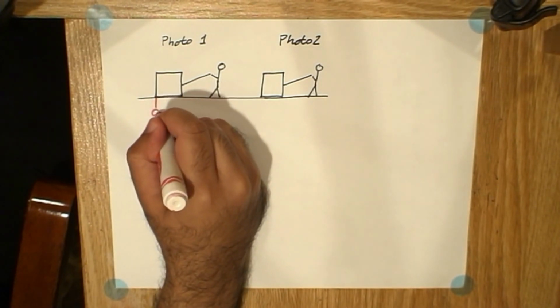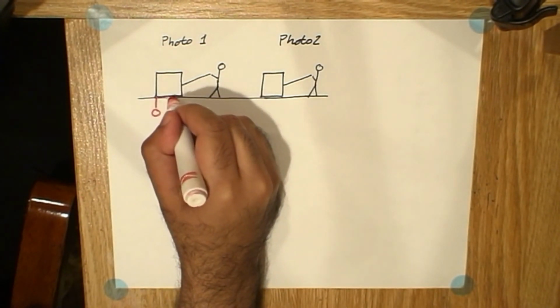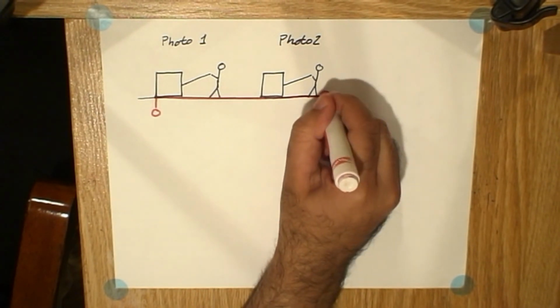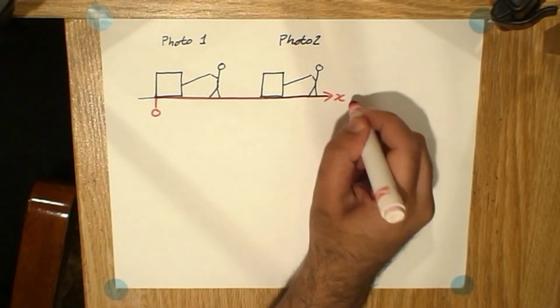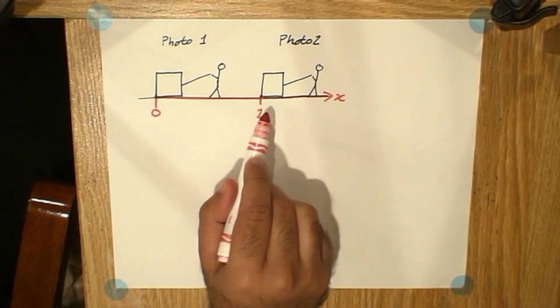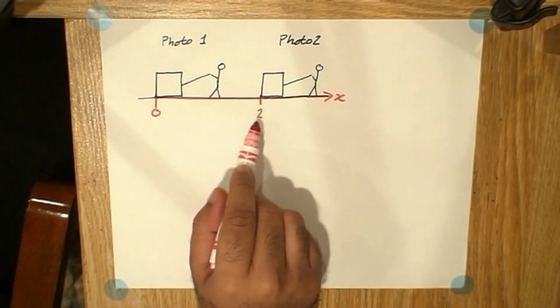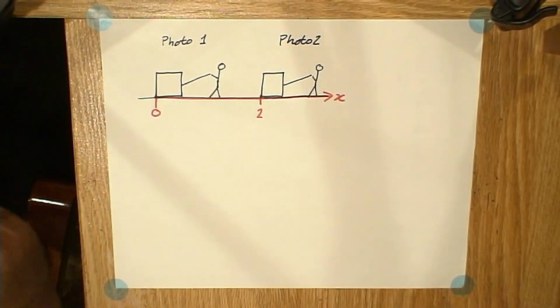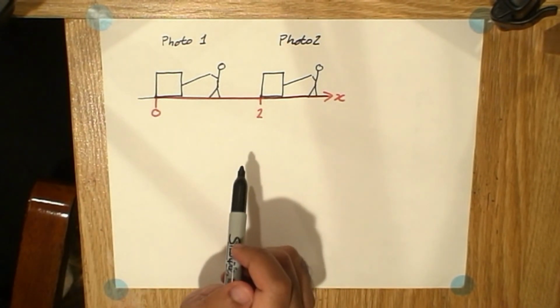This back surface here is the origin, and I will consider rightwards to be the positive direction. So now our object has moved 2 units, or 2 meters, in the positive x direction. So that would be 2 i hat for its displacement.